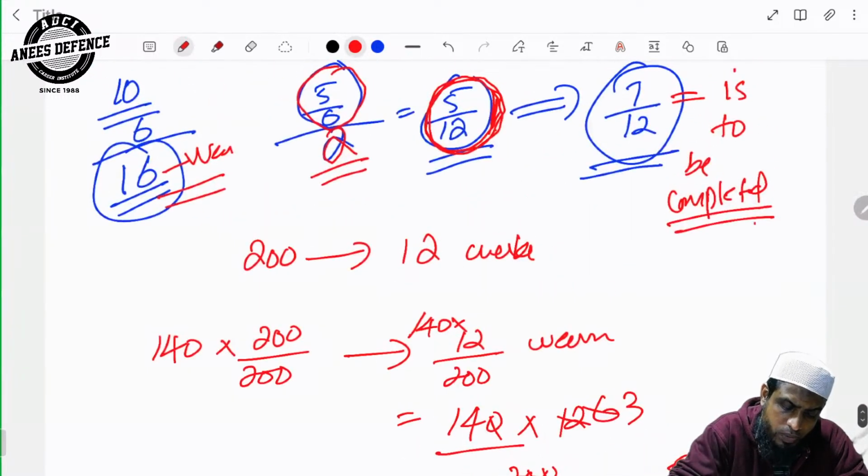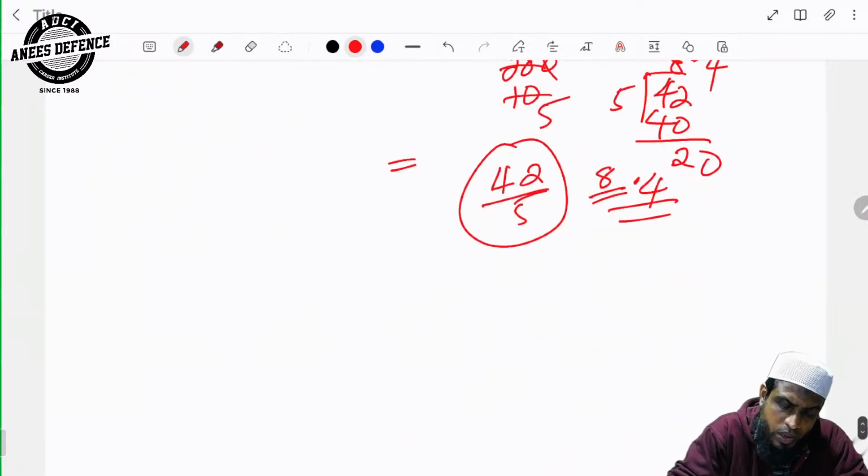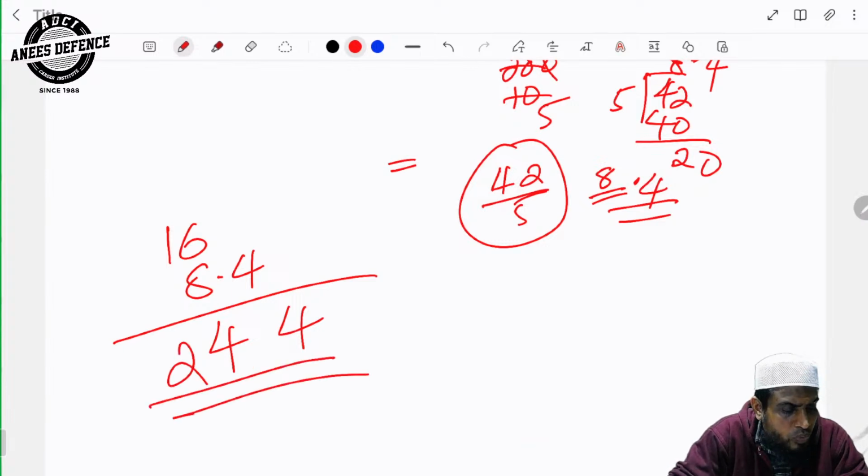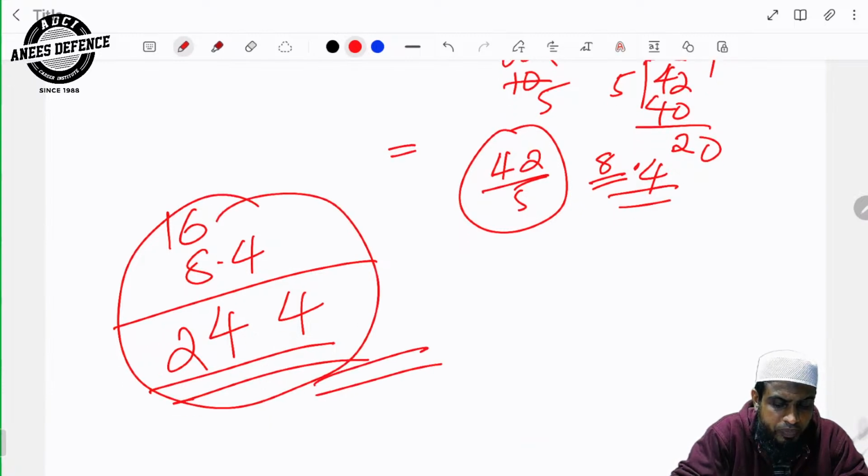Already we completed 16 weeks. So still 8.4 weeks is required. So 24.4 weeks is required to complete the whole work.